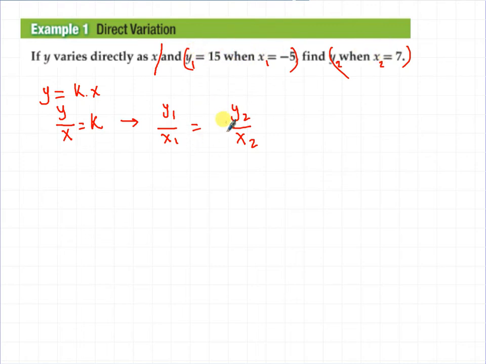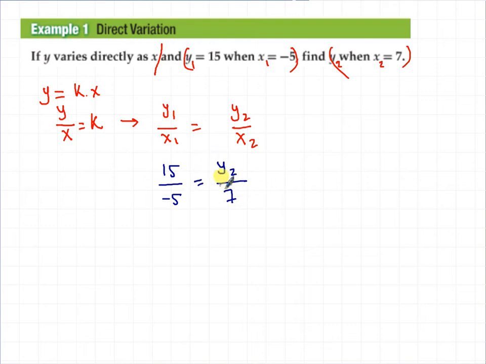I replace all the values and I solve for y2. Okay, so let's do it. y1 is 15, over x1 is minus 5, equal y2 is unknown, that's what I'm looking for, and x2 is 7.